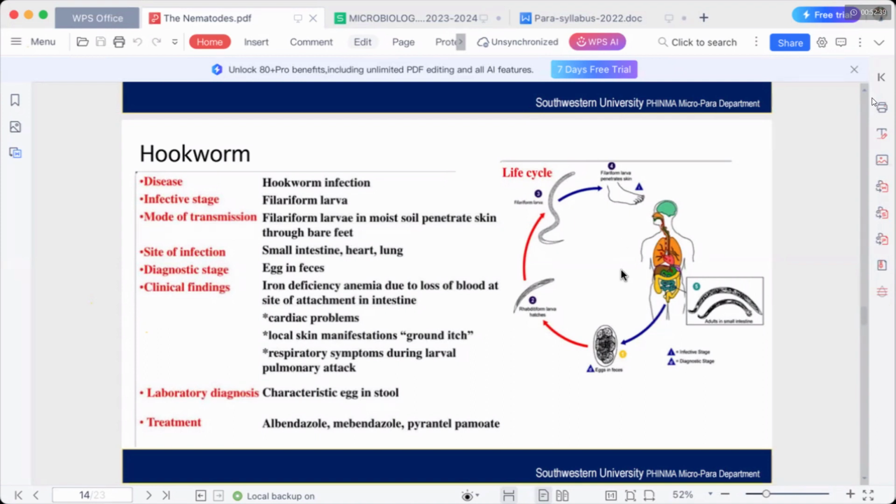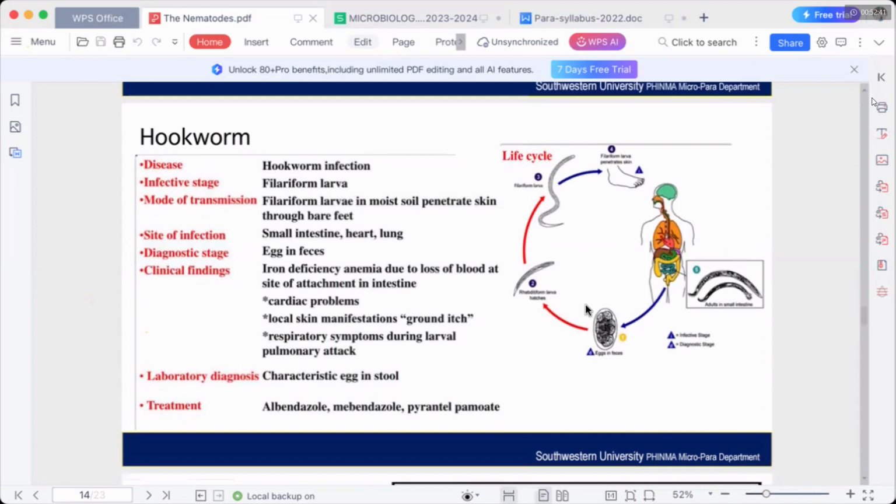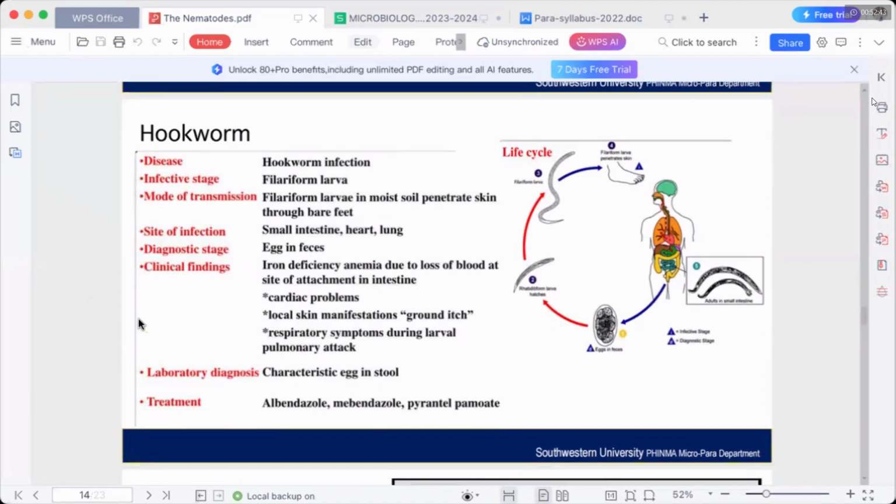For the clinical findings, if a person has hookworm infection, most will have iron deficiency anemia due to blood loss from the attachment to the intestinal villi. Some will have cardiac problems if the hookworms migrate to the heart.